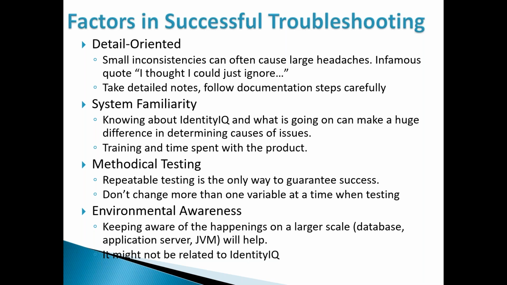Otherwise you will debug the issue through the code and you could not find anything, right? But you must be aware of what application server and what database we have used, and what its limitations are. Okay, it is not related to Identity IQ, but yes, we can face issues with the environment and environmental stuff also.